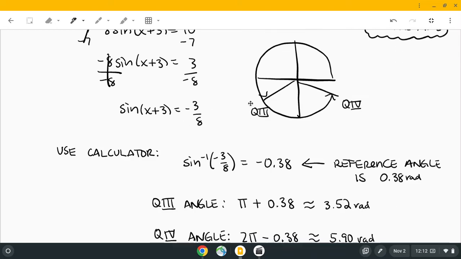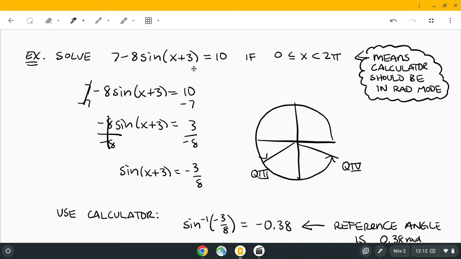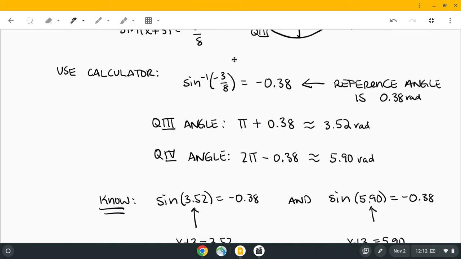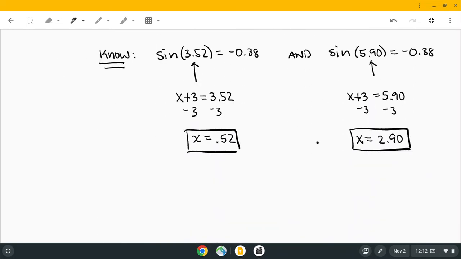I won't have it have an x plus 3, so I'll give you one that doesn't have that extra step there. But go ahead and see if you can figure out this process for this next example. Okay, so try this one. And then we'll see if your answer matches mine.